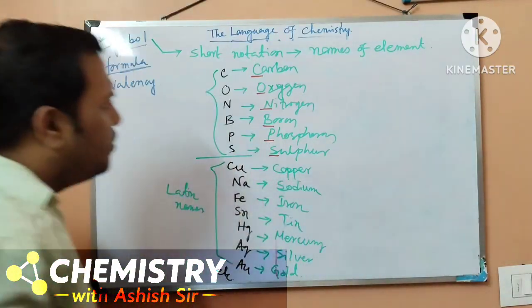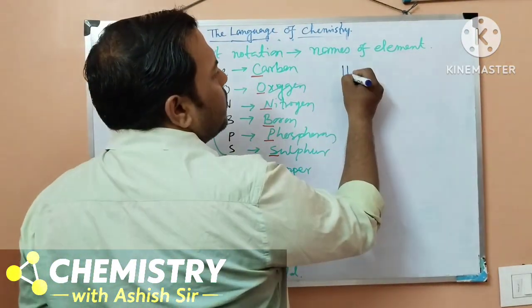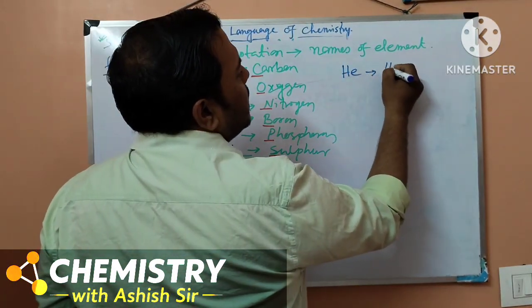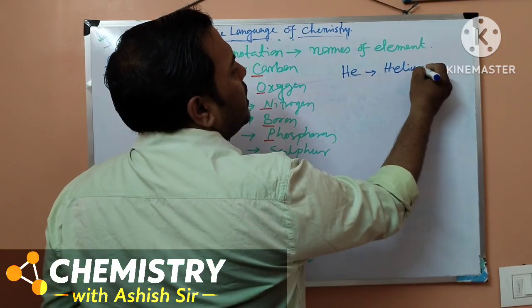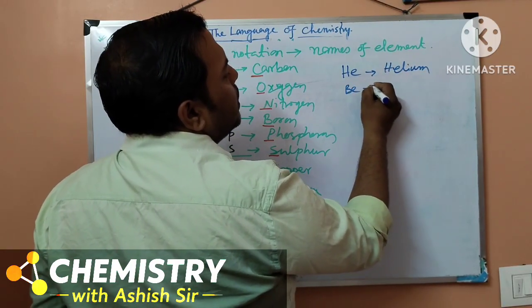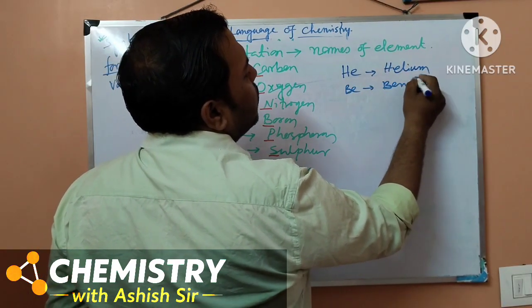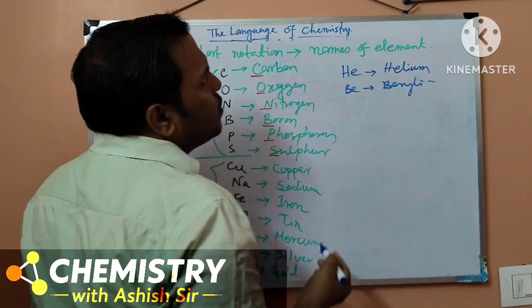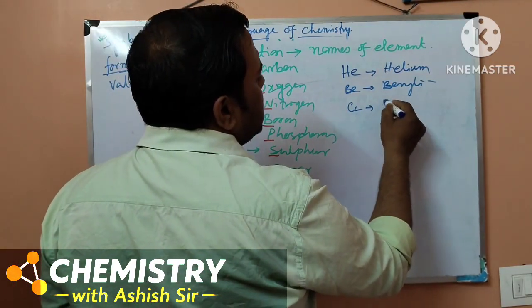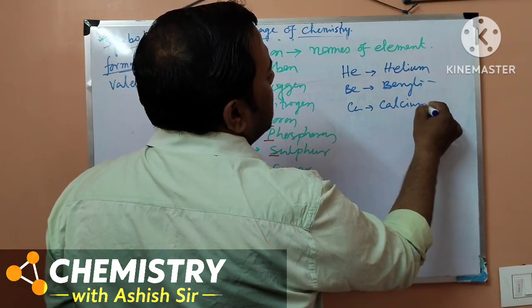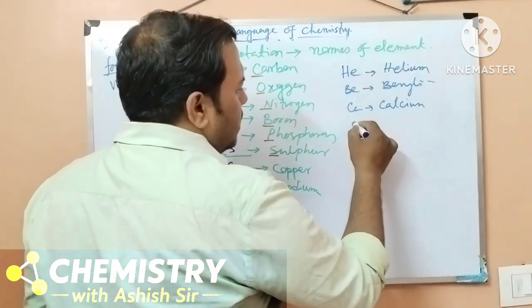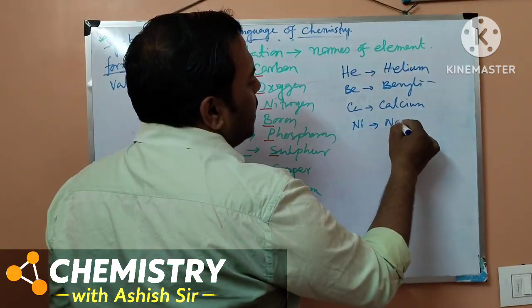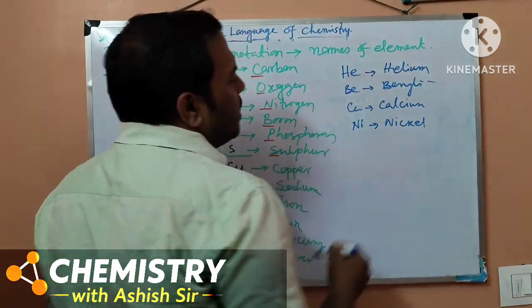In the same way, if we take for helium, the name is HELIUM. Beryllium, BERYLLIUM. In this way, calcium, CALCIUM. Nickel, NICKEL.